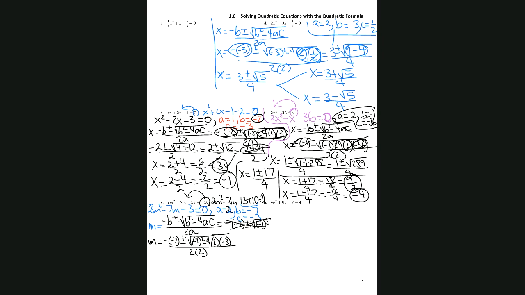And here, let's simplify a little bit. So negative, negative, that will turn into a positive 7, plus minus the square root of negative 7 squared is 49. And then the product of negative 4 times 2 is negative 8. Negative 8 times negative 3 is positive 24. And all of that is divided by 4.